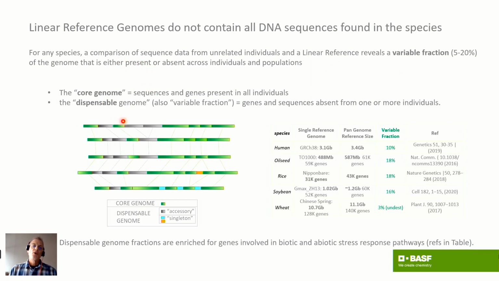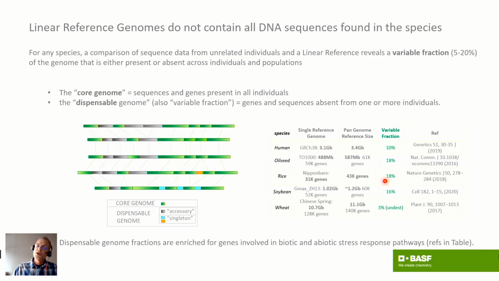When we align individuals, we commonly see these core and dispensable genome fractions as segments, with the core genome being conserved across lines, whereas the variable fraction is either unique or absent or present.